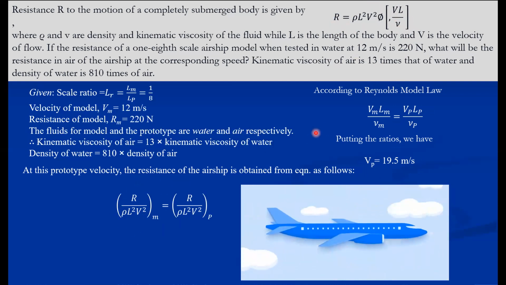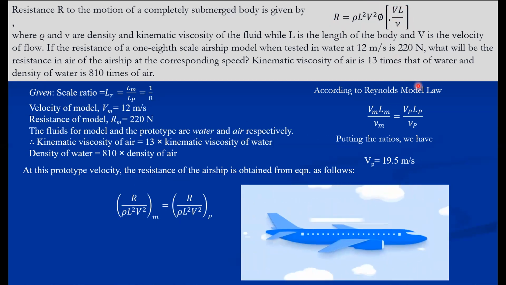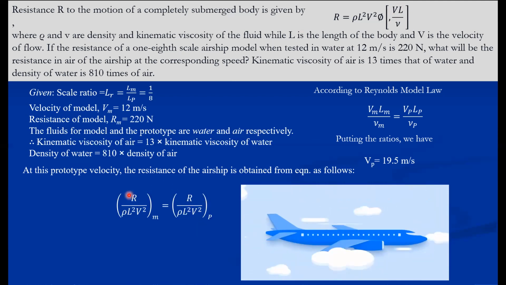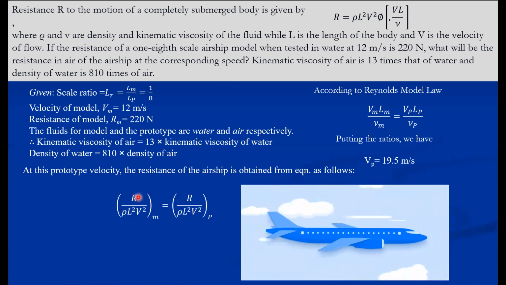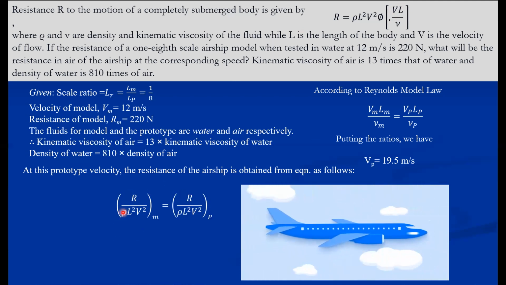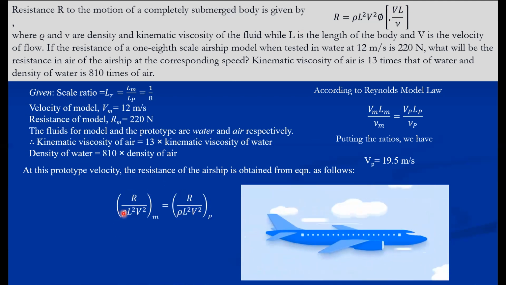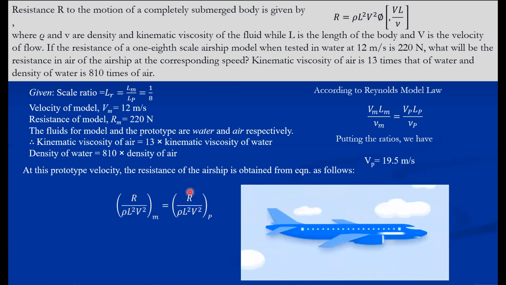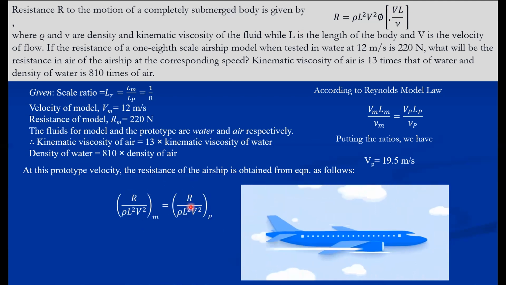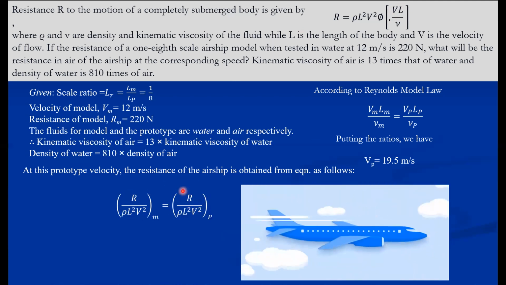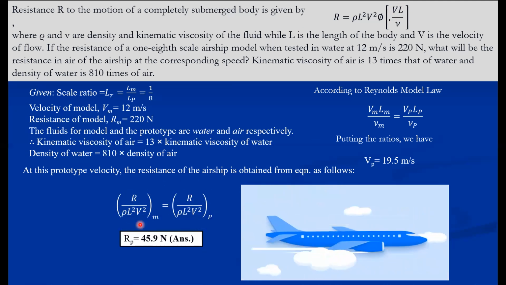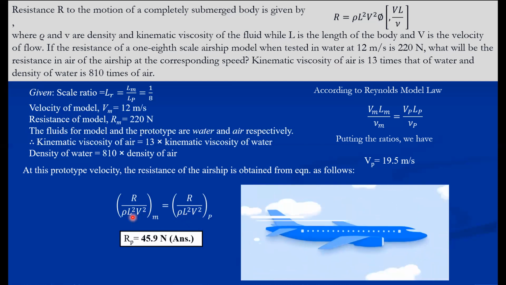Similarly, if the Reynolds model is valid for the model and prototype, the resistance model is also valid for model and prototype. The resistance of model is given, the densities and length ratio are known, velocity ratio also known. Only unknown is the resistance of prototype.